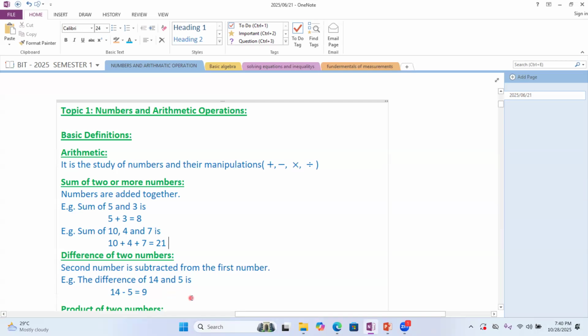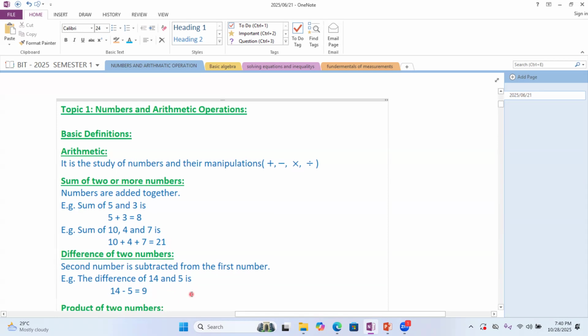For example, 45 minus 23 minus 12. Right.